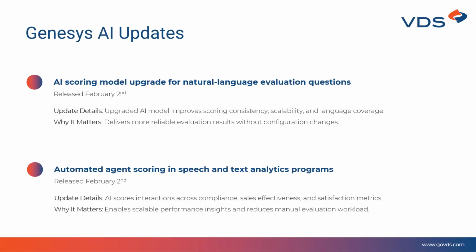And then finally, a transition to some AI updates from Genesys. The first one being the AI scoring model upgrade for natural language evaluation questions. With this release, Genesys Cloud upgraded the underlying AI model used for AI scoring of natural language evaluation questions. This update delivers more consistent and reliable scoring and improves how the model scales as usage grows, allowing teams to see more stable scoring results.